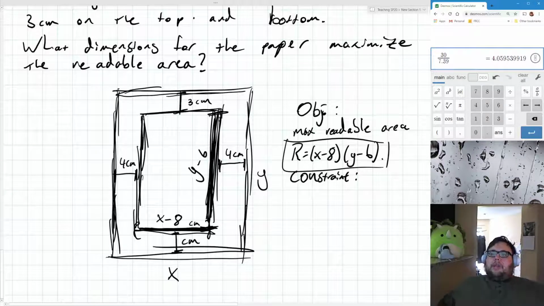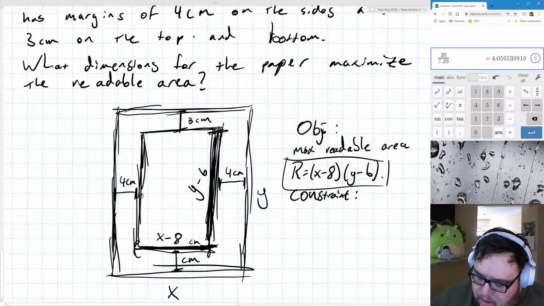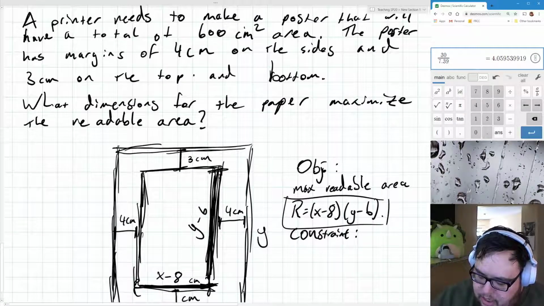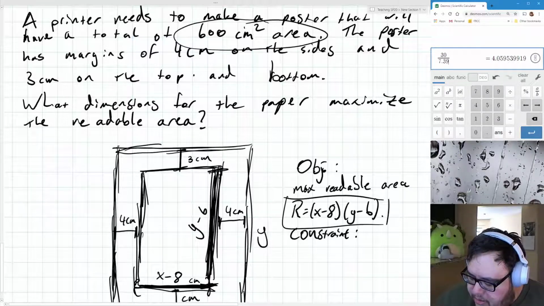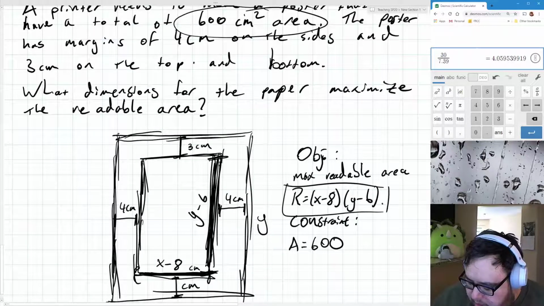And what's our constraint equation? Well, our constraint is the area of the actual piece of paper. The piece of paper has to take up 600 square centimeters. So our constraint is that the area is 600. And the area of this paper is x times y equal to 600.